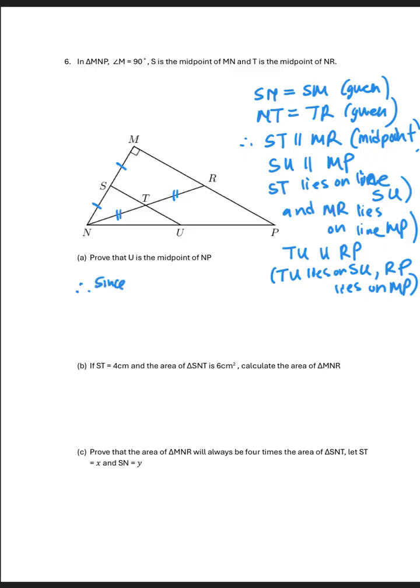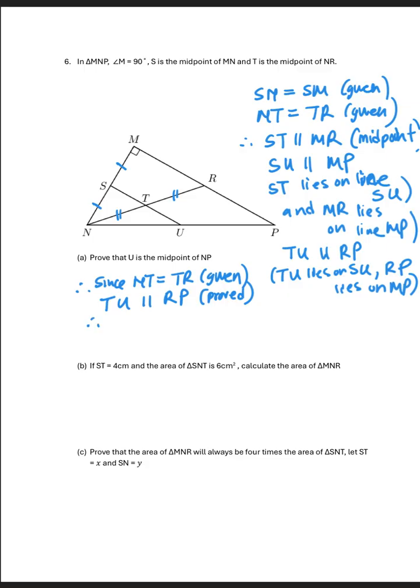Then since now we have NT is equal to TR is given, right? And then we know that TU is parallel to RP. We just proved, right?